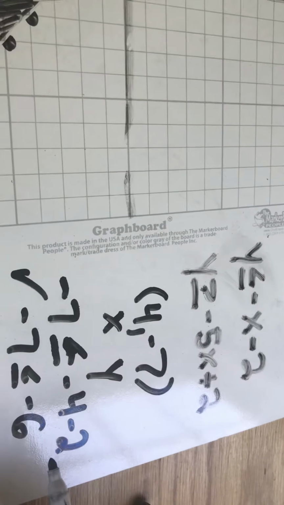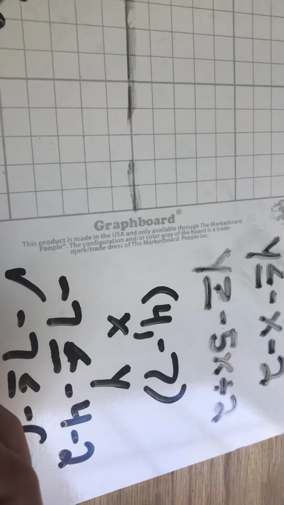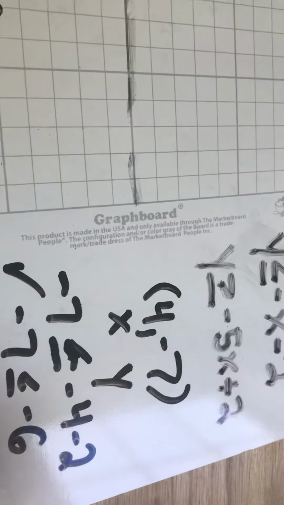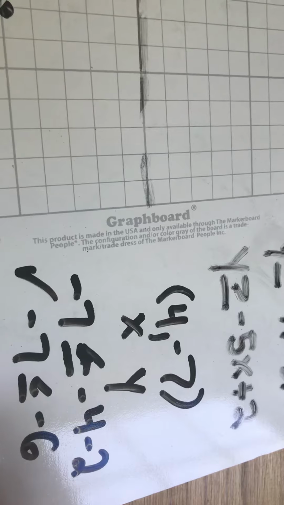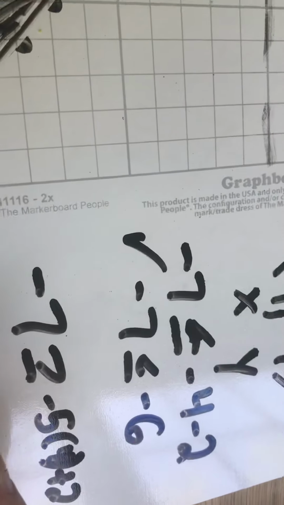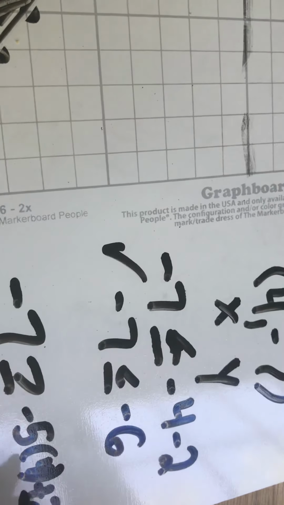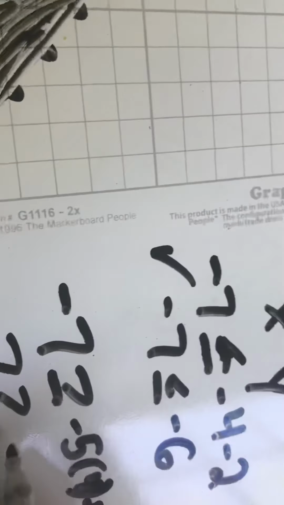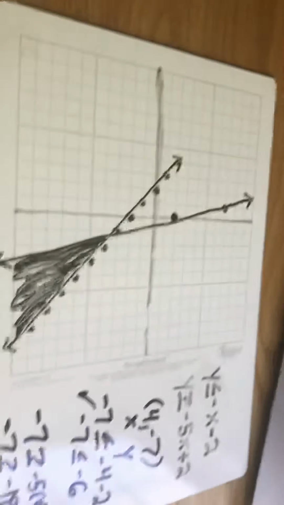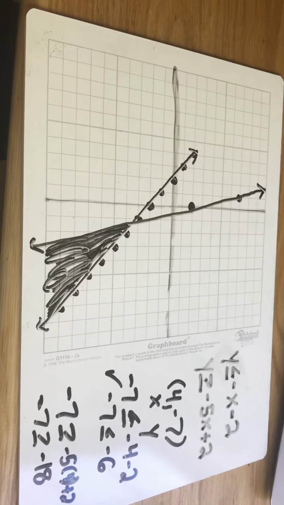And what about the second one? If I replace the y with negative 7 and the x with 4, does that make it true? Yes, negative 7 is greater than negative 20 plus 2, negative 18. So that becomes true. So the solution to number 1 on today's practice problems was this.